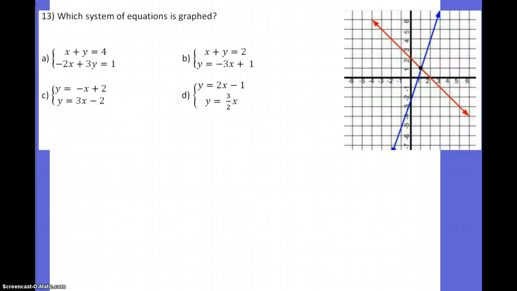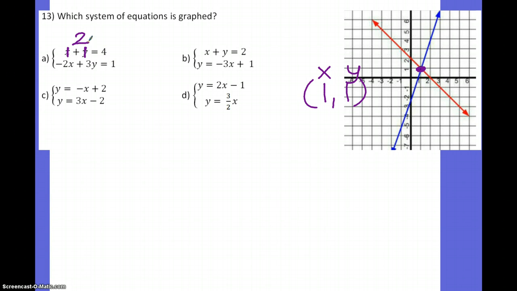Which of the systems of equations is graphed? Well, if you look at the point where they meet, it's 1, comma 1, x, y. That means that point, 1, 1, has to work in both of the equations for the equations to match the graph. If we put a 1 in for x and a 1 in for y, what's 1 plus 1?